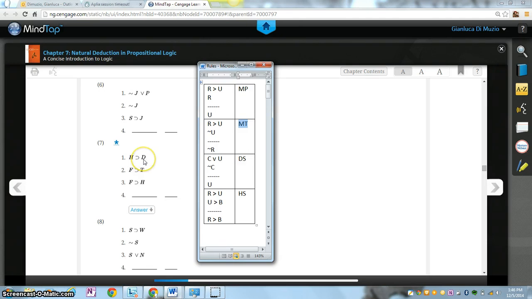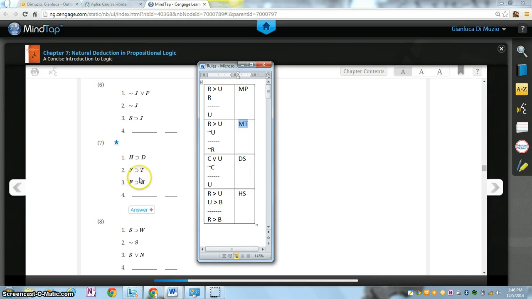It's going to be slightly confusing because here you're going from the top to the bottom. It's kind of like you're using U to go down the stairs and go from R to B and put them together in a conditional. Here you're going up the stairs.